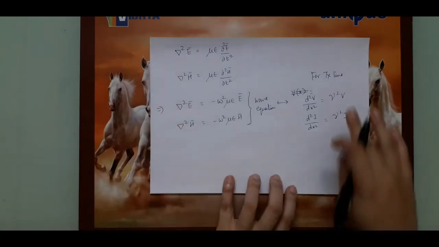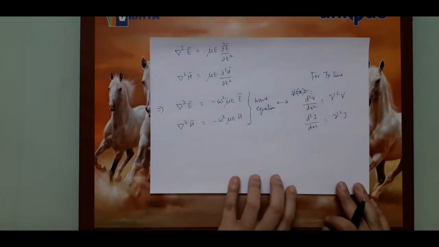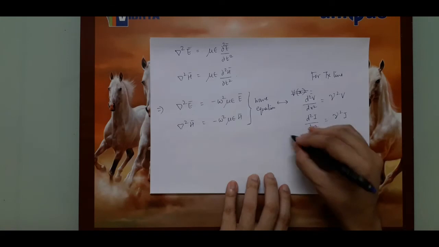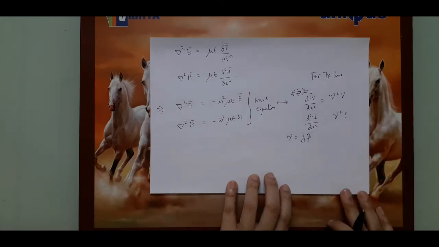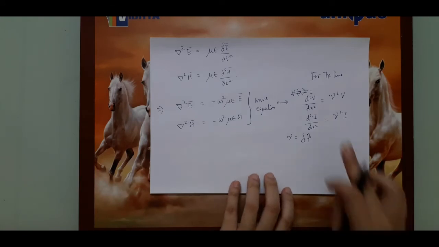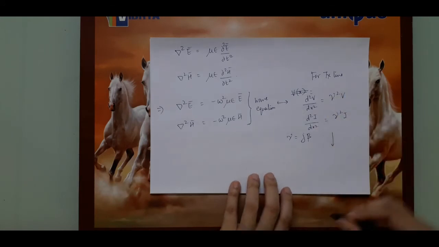Now, in case of a transmission line, let us assume that it is lossless, which means the small gamma is nothing but j beta. So if I now put this, what will this become?